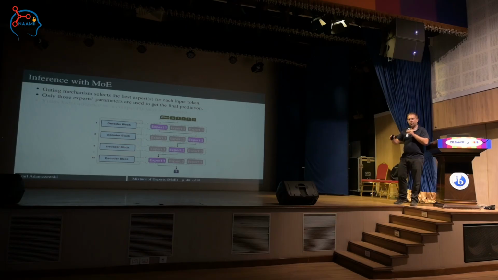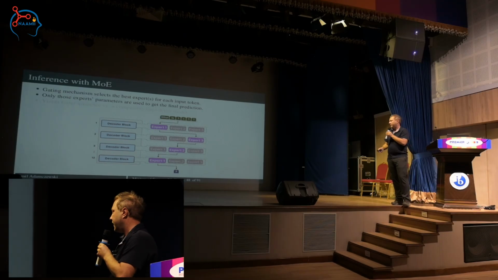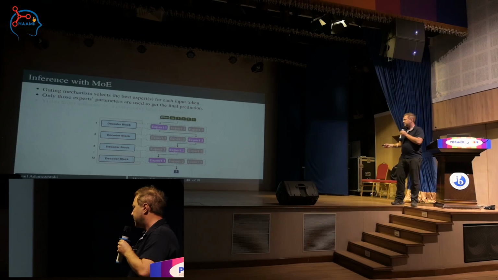For each block there will be a different routing mechanism and there might be a different expert activated. But overall, the more blocks we have, the more savings we have. Because in this case we have 12 experts, but we only use 4 of them.